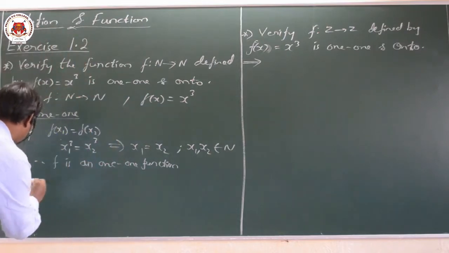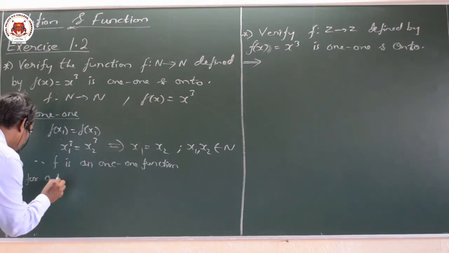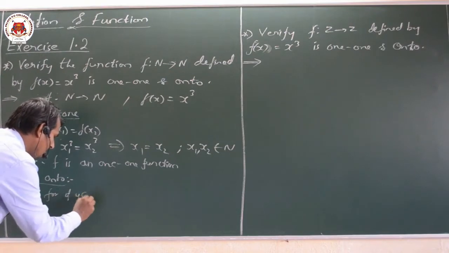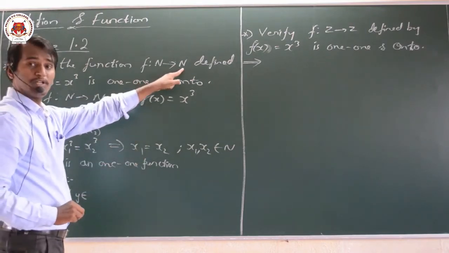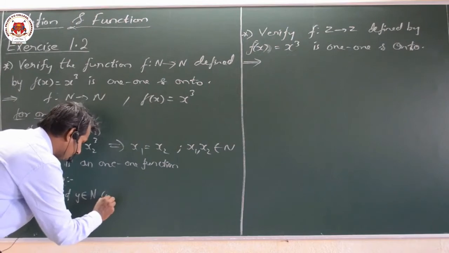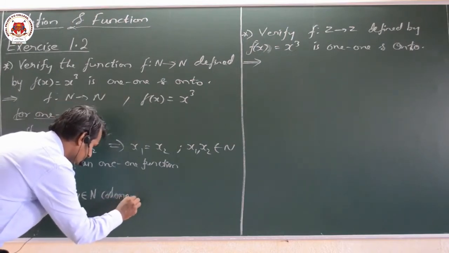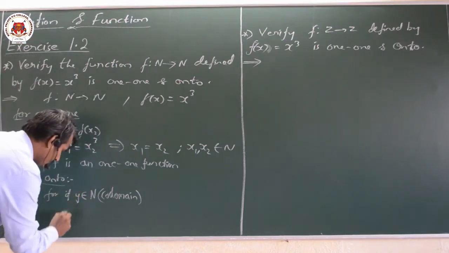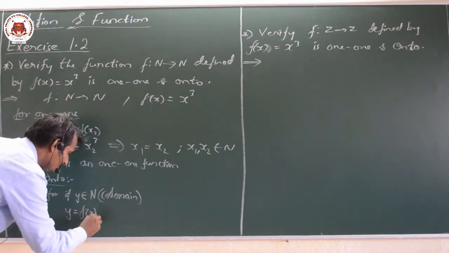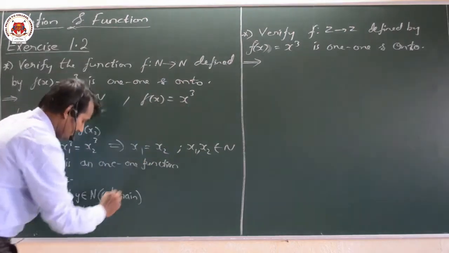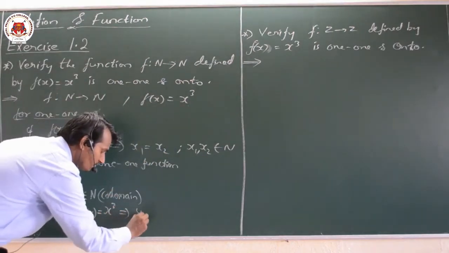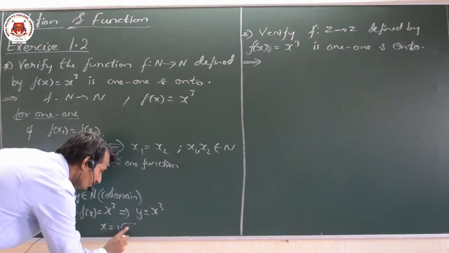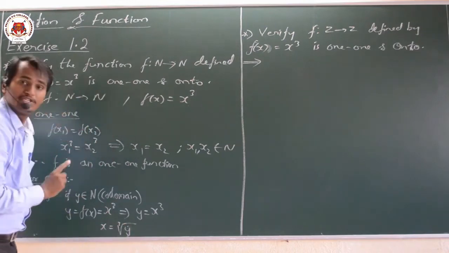For onto, if y belongs to the codomain N, y is equal to f of x, which is x cube. That implies y equal to x cube, so x equals cube root of y.